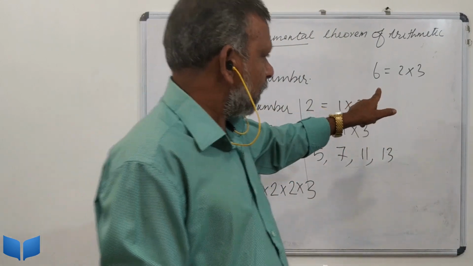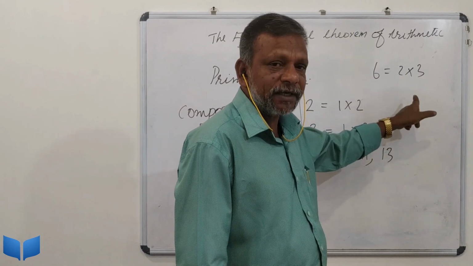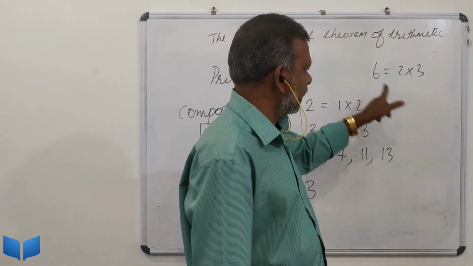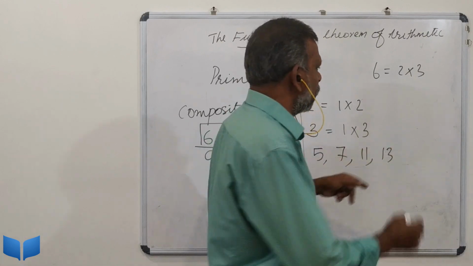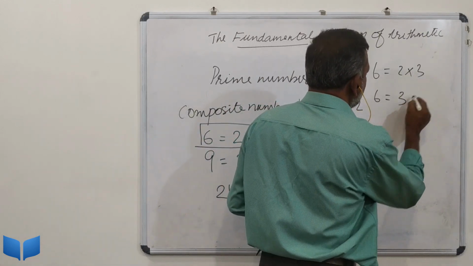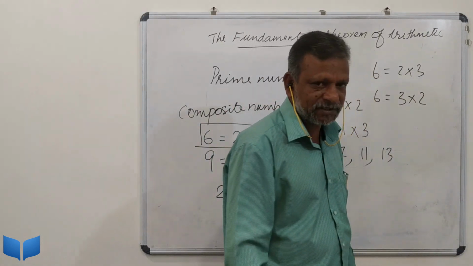But except for the order in which the prime factors occur, we can write 6 equal to 2 into 3, or 6 is equal to 3 into 2. That order may be changed.